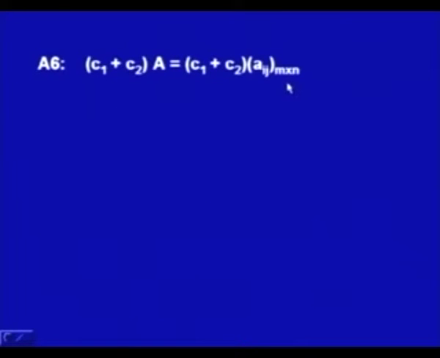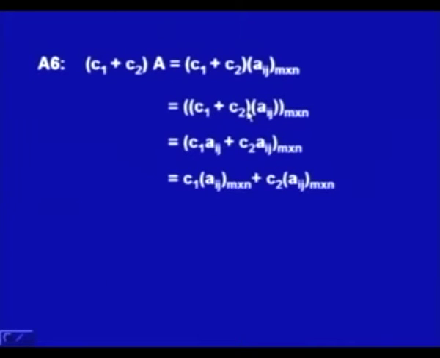Now comes the next distributive property. We have two scalars c1 and c2, multiplied by an m by n matrix. Let us say Aij is the typical element of A. So, c1 plus c2 multiplied by Aij of the m by n order matrix comes out to be c1 plus c2 multiplied by Aij. It is multiplied with each and every element of the matrix.